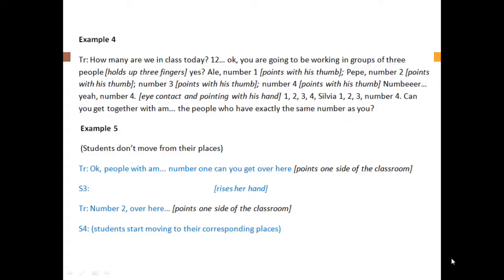The reason is that in example number 4, the teacher initiates the transaction, but since he didn't get a response from his students, in example number 5, he initiates this transaction again, and students respond with nonverbal communication.